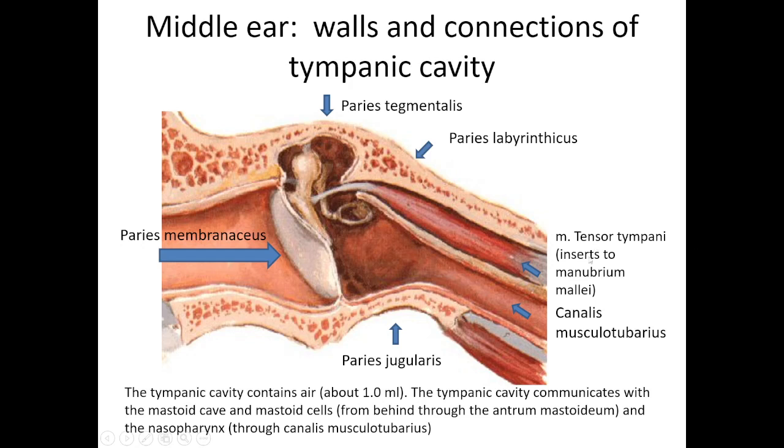And this muscle, musculus tensor tympani, inserts to manubrium mallei. Here it is, the tendon of this muscle, and it inserts to manubrium mallei for tension of this structure, to tense the tympanic membrane.